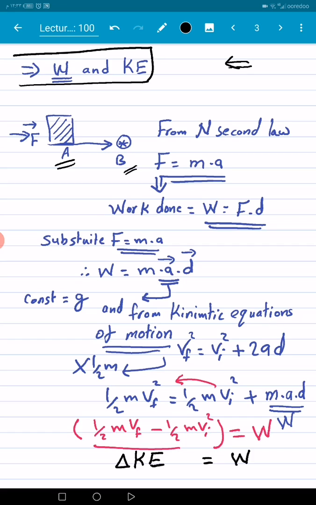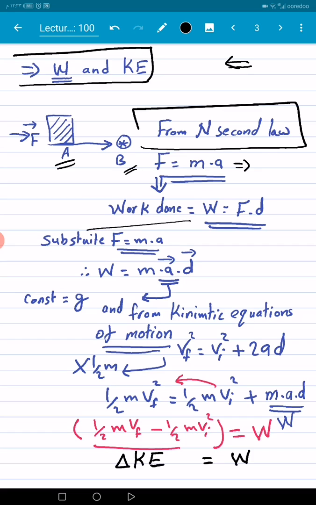This force keeps this object moving. So from Newton's second law, I know F is equal to ma. So the work done is equal to Fd.